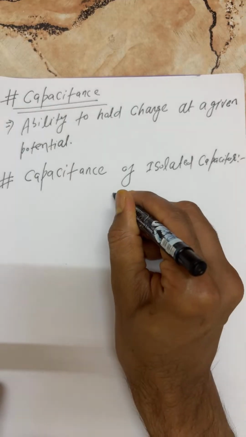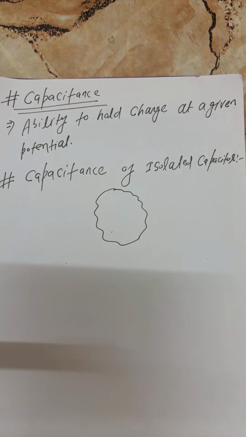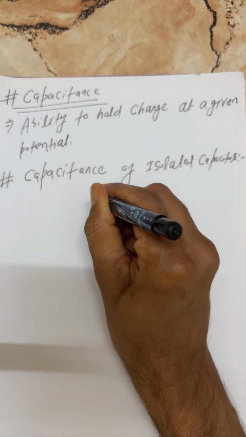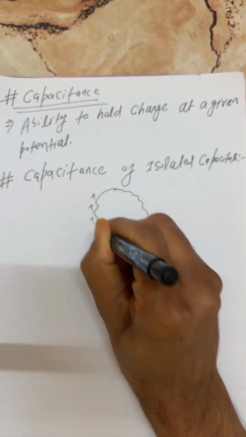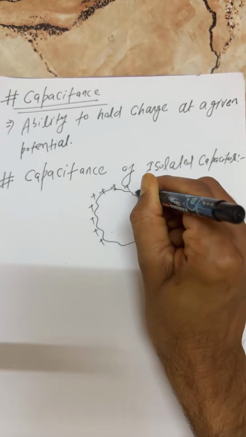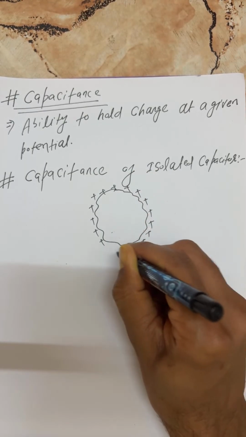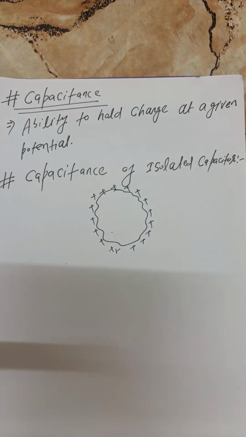Let us suppose you can take any shape of the body, right? But there is one thing, students, I hope all of you remember here. If we give a charge to a conductor, all charges will what? Reside on the surface of the conductor.